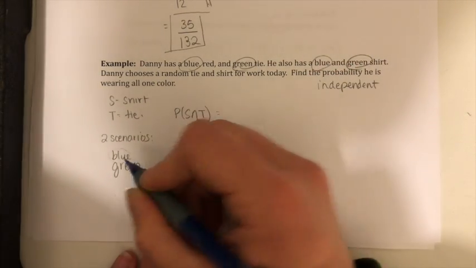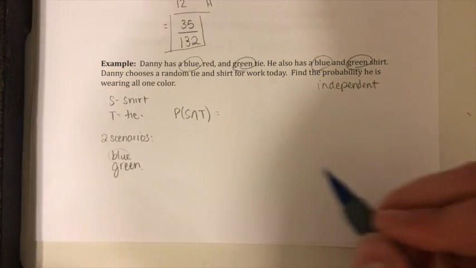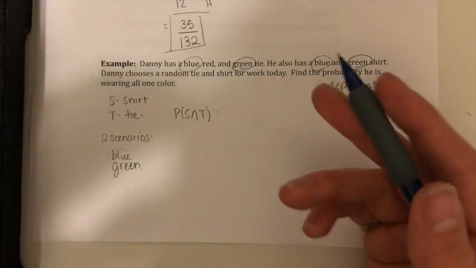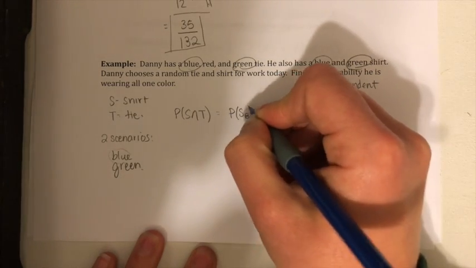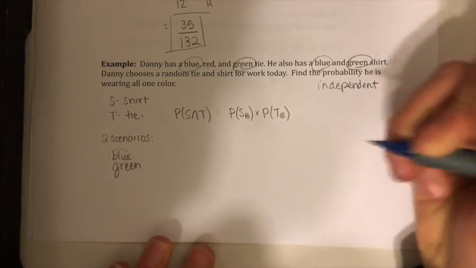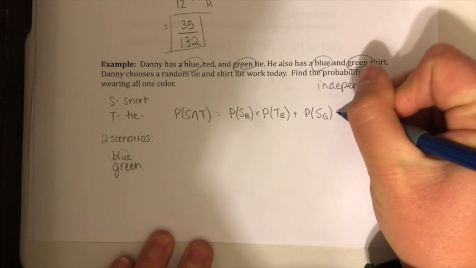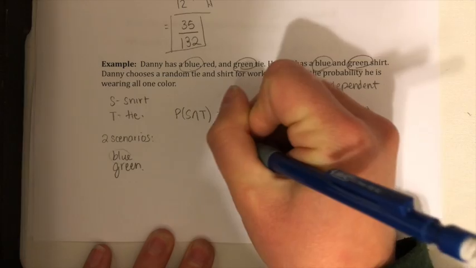So we're going to figure out the probability that he gets blue and the probability that he gets green and add those together. So the probability of the shirt and the tie matching is the probability of the shirt being blue times the probability of the tie being blue plus the probability of the shirt being green times the probability of the tie being green.